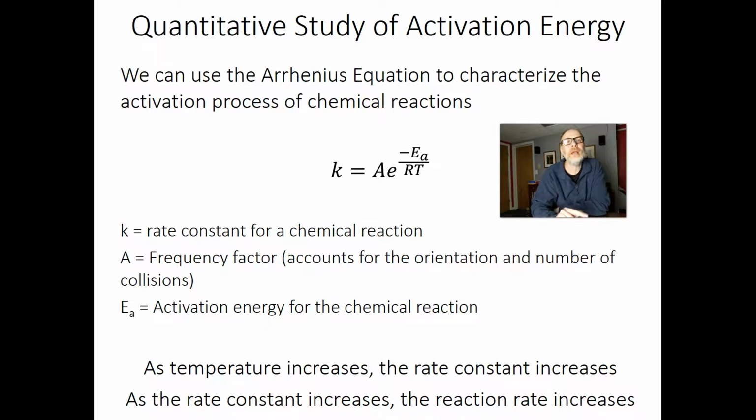So if we heat a chemical reaction, the reaction rate will increase. That doesn't have anything to do with thermodynamics. I know we talked in equilibrium about how you can make products or reactants shift around depending on what the temperature would be. That's absolutely right. But in general, rate constants increase with temperature, and that means that reaction rates increase with temperature. So we would heat a reaction if we want it to go faster.